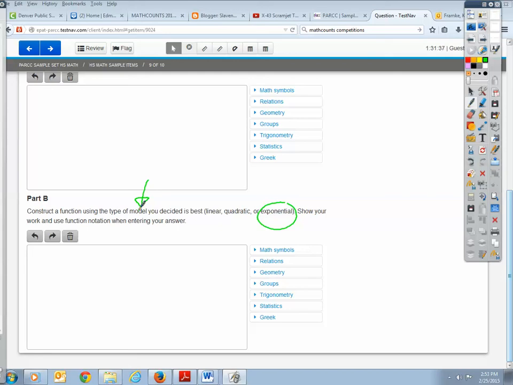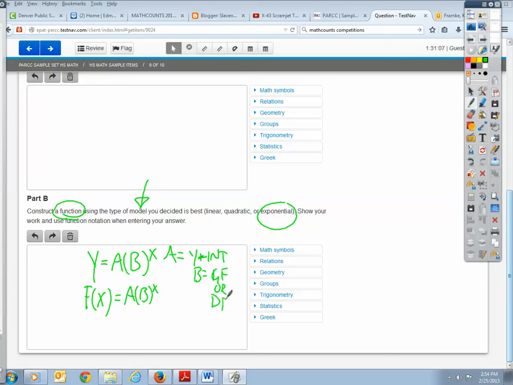So an exponential equation, you'll remember, is going to be written in the form y is equal to a times b to the x power. But since they want function notation, we're going to have f of x is equal to a times b to the x power, where a is the y-intercept, and b is the growth factor, or in this case, since we're getting colder, it's going to be a decay factor.